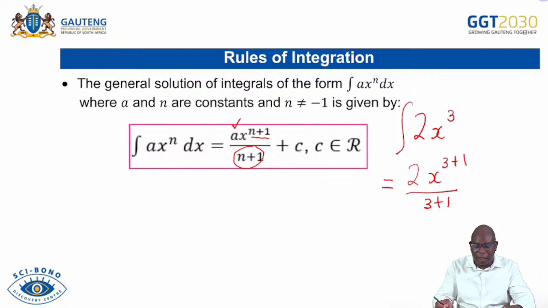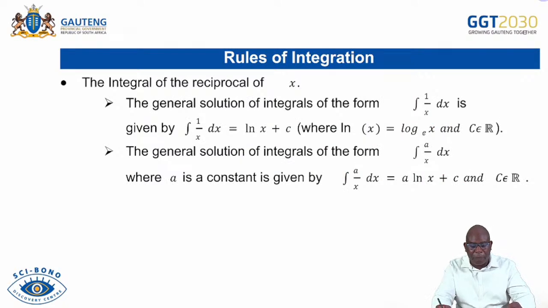So I'm already integrating, so I'm not going to write that sign. So I'm going to have 2x to the power of 4 divided by 4, which is going to be x to the power of 4 over 2. We're going to have that as our final answer, x to the power 4 over 2.